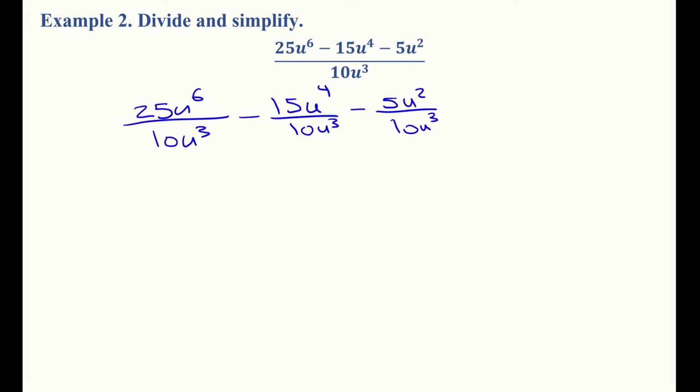Alright, so at this point we'll just cross cancel the numbers as much as we can, the coefficients. So 5 we know goes into 10 twice. It goes into 10 twice, and it goes into 25 5 times.